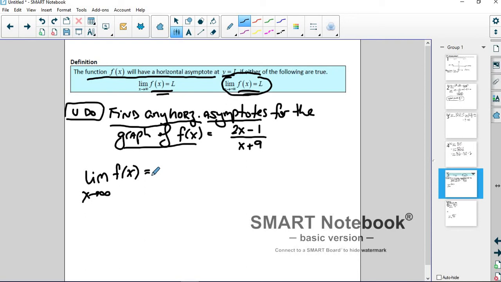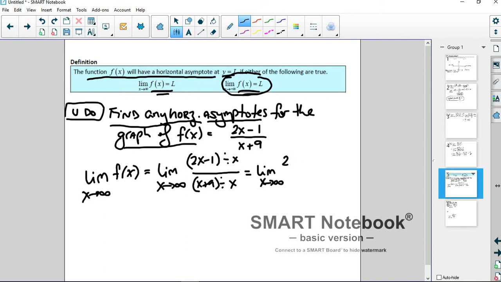Okay? So once again, we're going to take the limit. We're going to divide top and bottom by x. 2x minus 1 divided by x, because that's the highest power. x plus 9 divided by x. And so we get the limit as x goes to infinity, 2 minus 1 over x, all over 1 plus 9 over x.